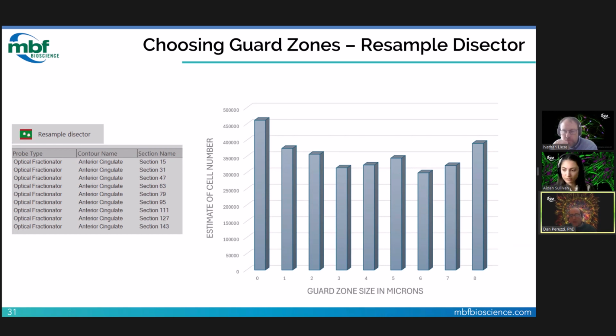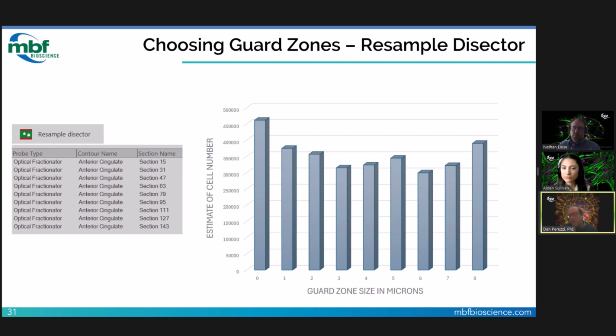And then our program will add guard zones. So if we look at 1 on the x-axis, that means now there is a guard zone of 1 micron on the top and the bottom. So what we're doing is covering up that artifact we saw in the last graph, where there are more cells than there should be. And because we're covering up an artifact whose nature is too many cells, we get an estimate that is less.